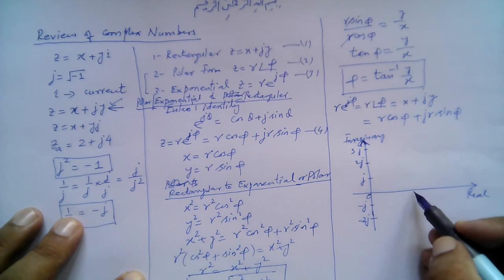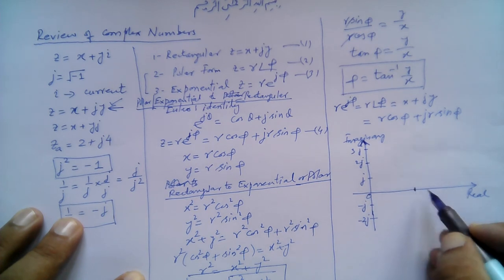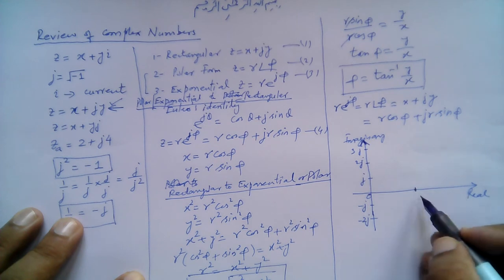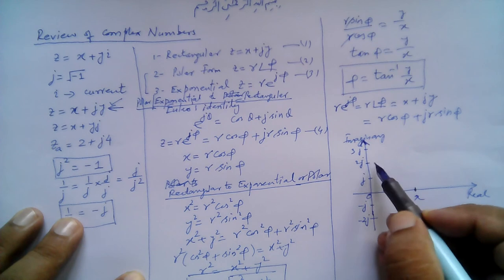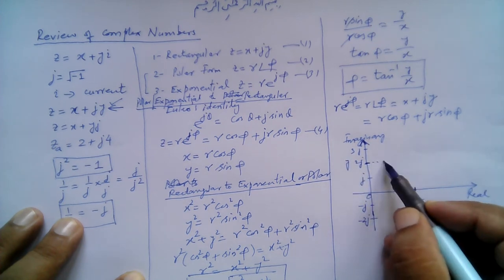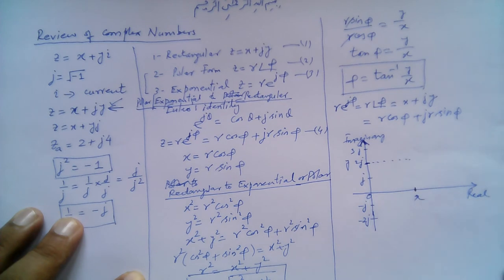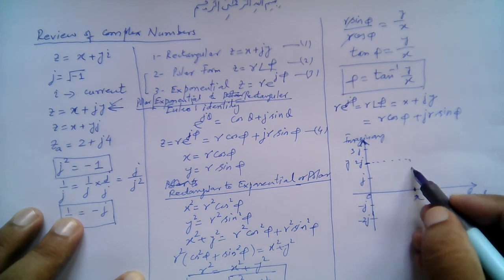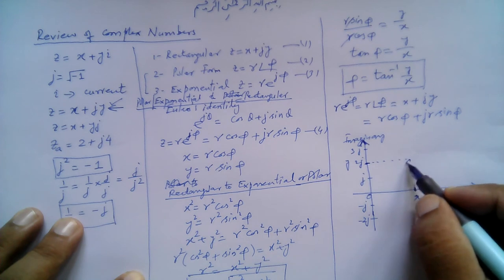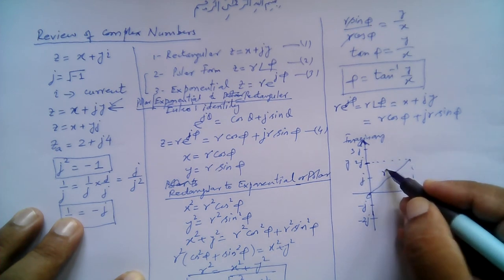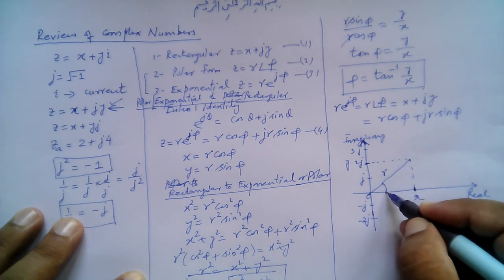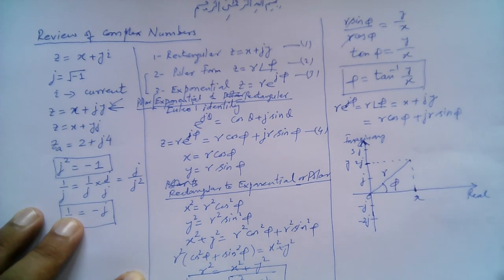For example, we have an x component here along the real axis. This is x, and we have a y along the imaginary axis. So this is the real part x, and this is the imaginary part y, and the resultant is here, right? This can be represented with r, and this is the angle phi here.